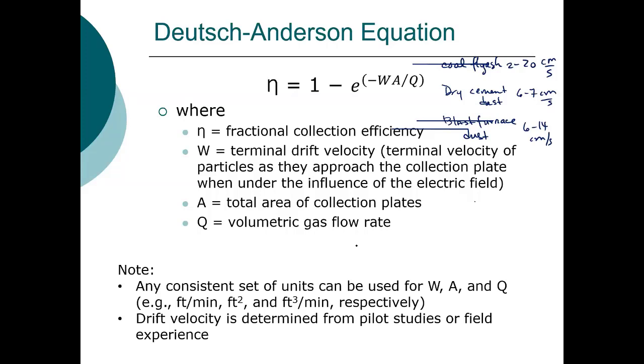If you use meters per second, then you're going to use meters squared, and meters cubed per second for your flow rate. So this would be W, this would be area, and that's your flow rate. Okay. So just make sure that your units are consistent when you're using this equation.